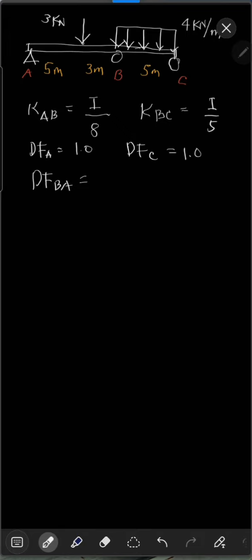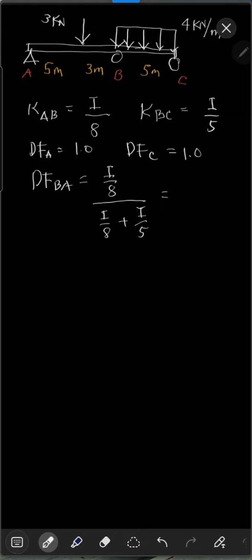Okay, so formula is K over summation of K. So K for BA or AB is I over 8 divided by summation of relative stiffness. So that is I over 8 plus I over 5.